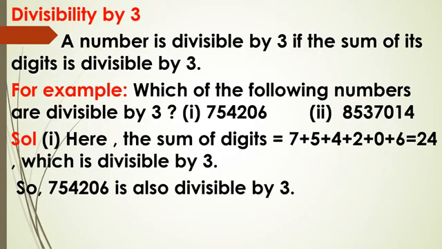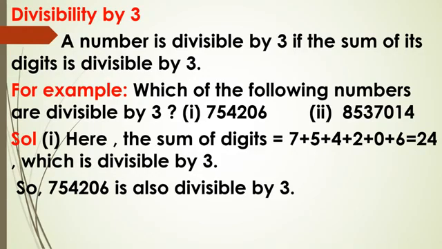It is 7 plus 5 plus 4 plus 2 plus 0 plus 6. The sum is 24. So 24 is divisible by 3, as 3 8s are 24. So if the sum of all its digits is divisible by 3, then the number is also divisible by 3.